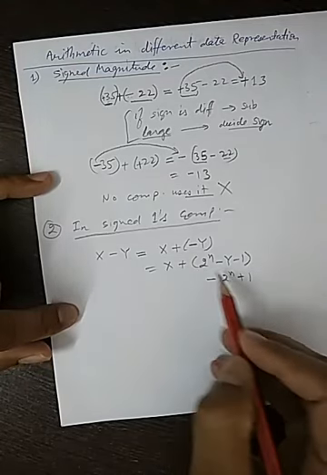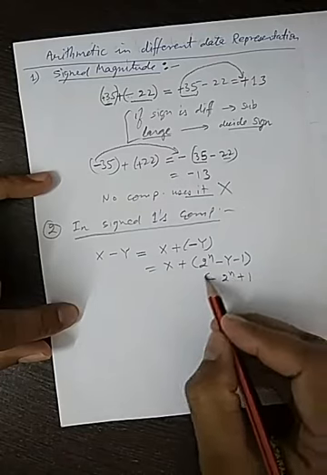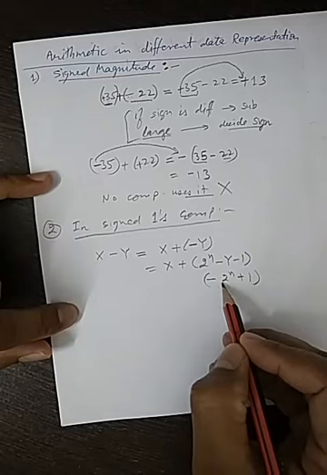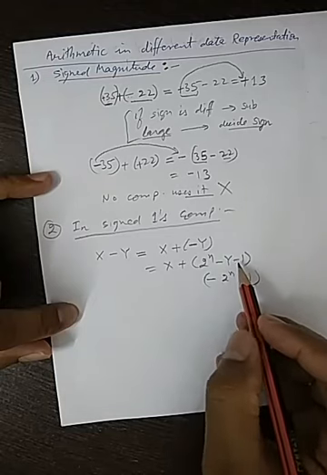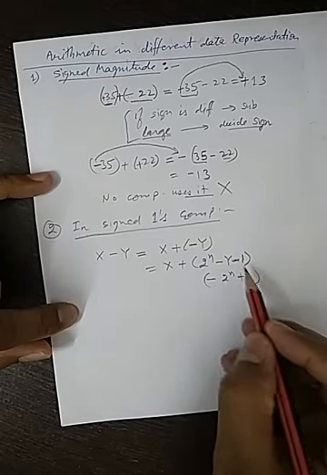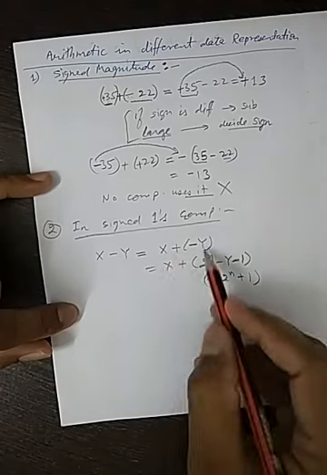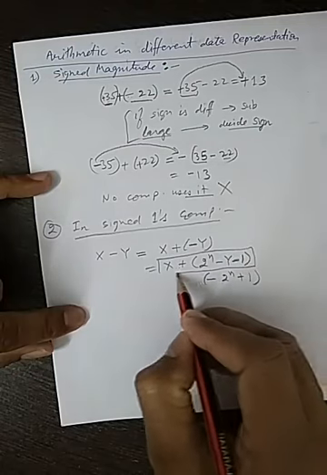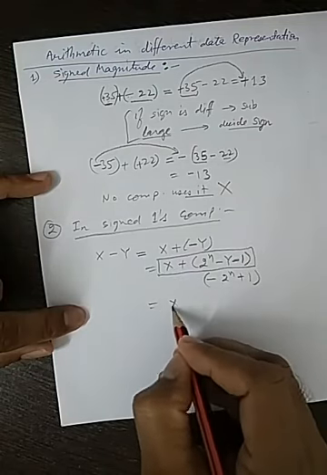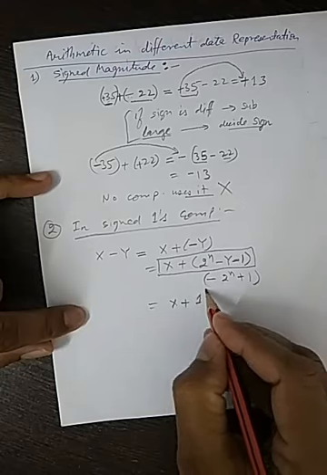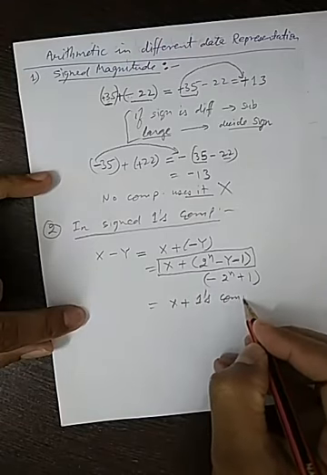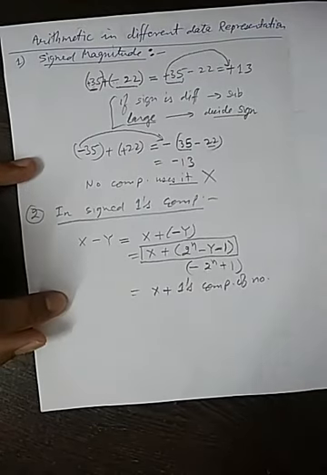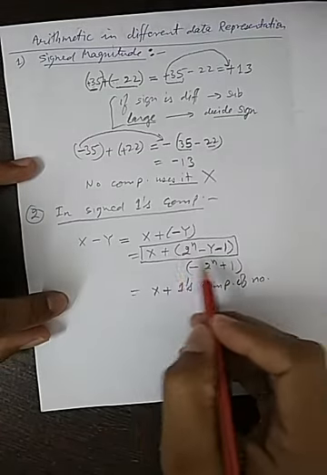So it is the same thing. What we are doing is adding 2 to the power n and subtracting 2 to the power n, subtracting 1 and adding 1. So there is no effect on the total quantity. What is this portion actually? This portion is x plus the 1's complement of the number.